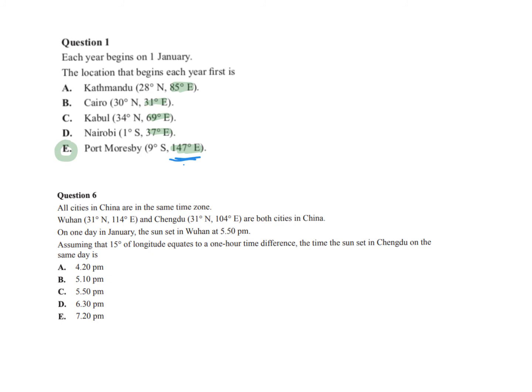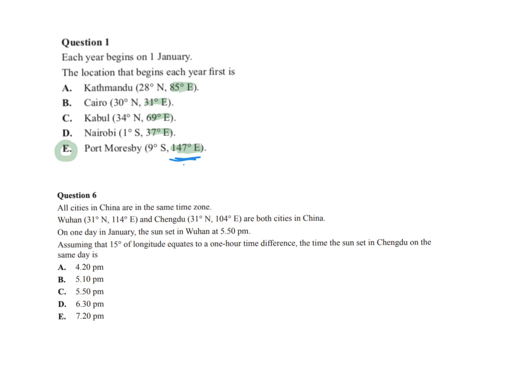All cities in China are in the same time zone. So here we've got Wuhan and Chengdu, both cities in China. One day in January, the sun set in Wuhan at 5:50 p.m. Assuming 15 degrees of longitude equates to 1 hour, the time the sun set in Chengdu on the same day is.